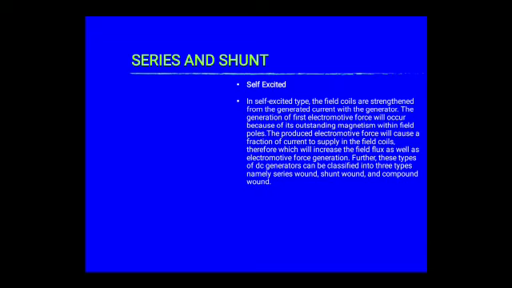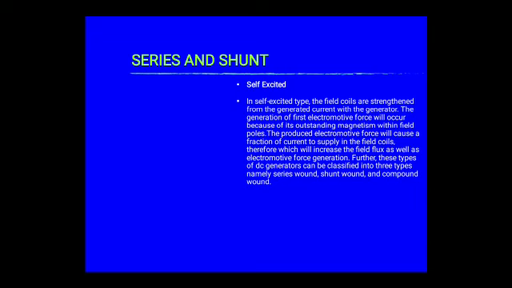At that time, due to the residual magnetism, a small amount of flux is always present between two poles, and the conductor cuts this flux, and a fractional value of voltage is produced in the armature, and a fractional value of current is supplied to the field coils, and hence the field is energized, and therefore the field flux increases as well as the electromotive force generation occurs.